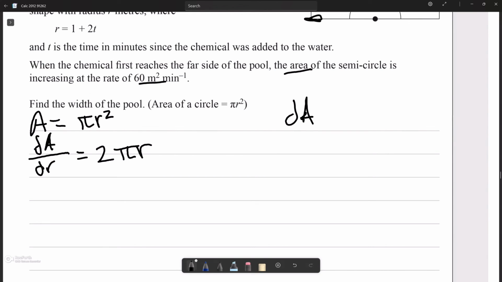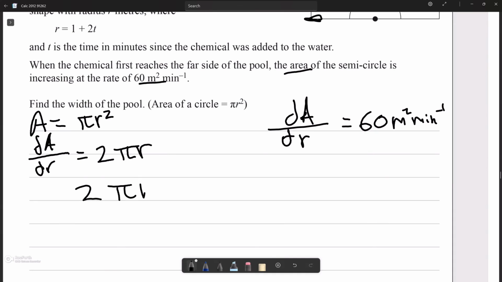And the area is increasing, so I know that dA over dr is equal to 60 meters squared a minute. So 2 pi r is equal to 60.